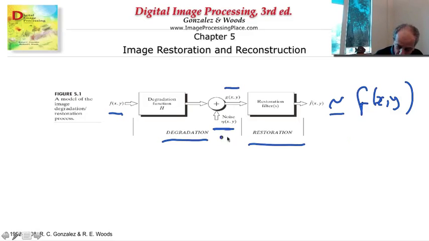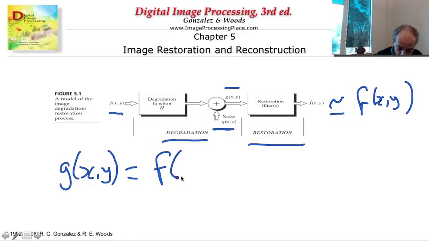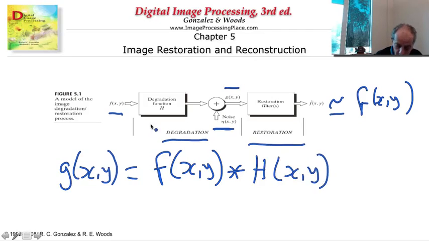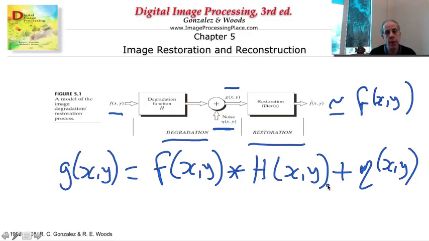So what's the model that we have here? How was G produced? G basically is the result of F going through the degradation. So we have F(x,y) convolved with H(x,y). That's a degradation model, and normally it's assumed that it's a linear operation, so it's a convolution, and we add to it the noise. And most of the image and video processing literature deals with what's called additive noise.